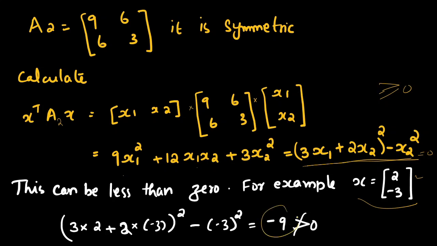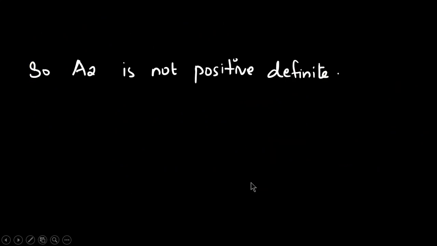So we are getting a negative value over here. So what does it mean? That means that A2 is not a positive definite matrix. A2 is symmetric, but it is not positive definite.